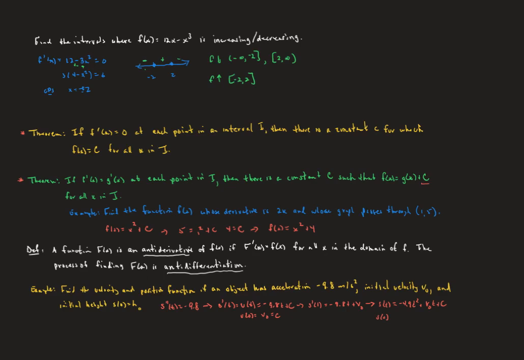Since our initial height or position we're told is h sub 0, that makes our actual s of t, our position at time t, negative 4.9 t squared plus v sub 0 t plus h sub 0. All right, very good.